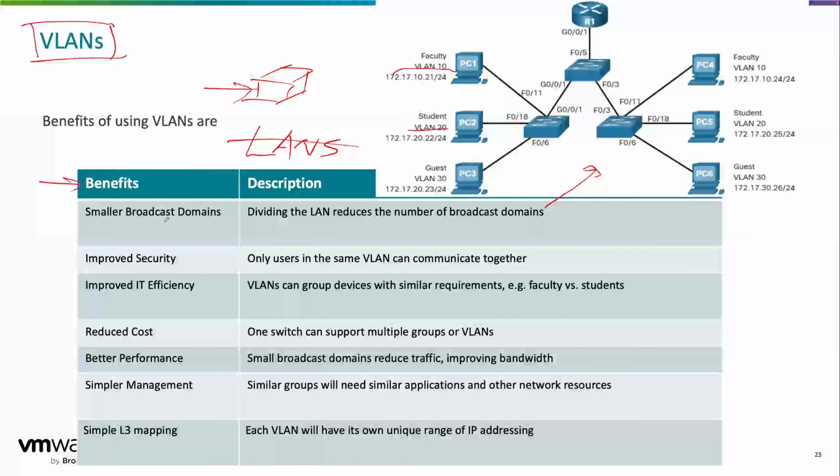From the VLAN point of view, VLANs have many benefits. For example, they restrain the broadcast domain, because a LAN is a broadcast domain. If we separate all of the endpoints into different VLANs, we create different broadcast domains. So it improves security and IP efficiency. For example, we have faculty, students, and guests.